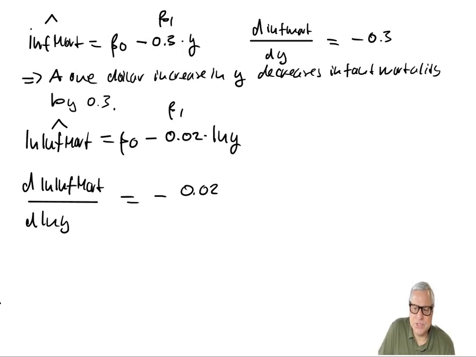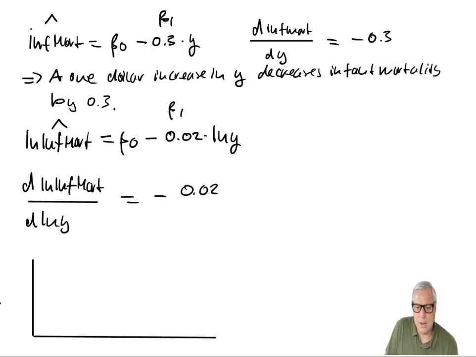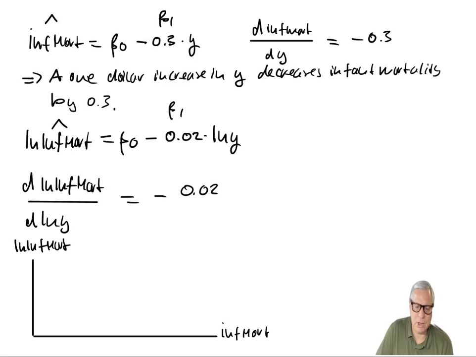Well, in order to see what that means, we need to realize that whenever we look at a log transformation, let's say here on the x-axis I have infant mortality, and on the y-axis I have the log of infant mortality. Well, then this relationship, whenever you take the log of something, it starts looking like this. And you can see that at every point, the slope becomes flatter and flatter.